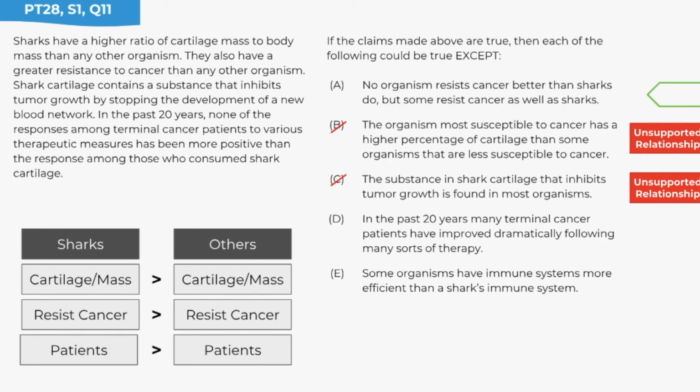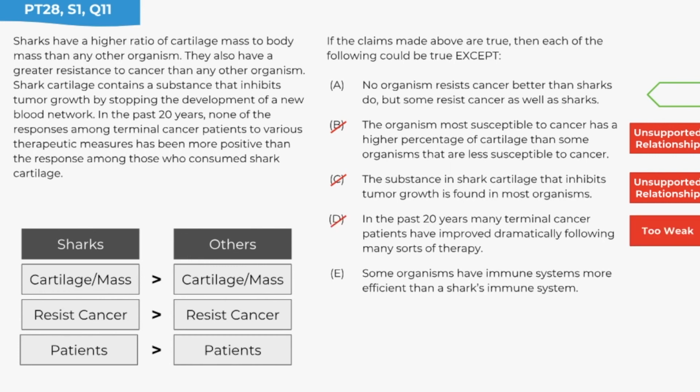So answer choice D is simply too weak. In order to contradict this idea, we would need to know about the way in which they respond, and that it's potentially better than the way they respond to sharks. That would contradict the final claim. But as it is, it's simply too weak.